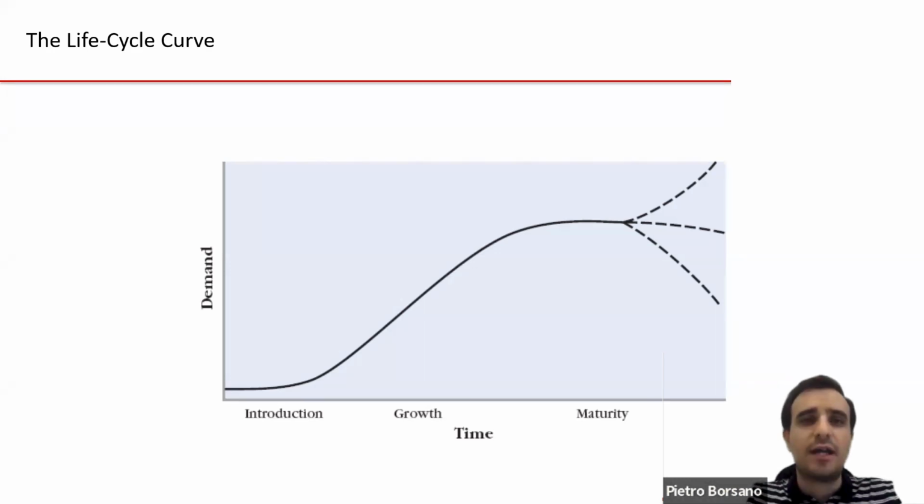And this is when products will enter the adulthood stage, the maturity stage, and then eventually either reach a plateau, meaning that we are not growing, but we are not declining either, or in some cases, there will be a new S-curve, a new product life cycle beginning, in synchrony with the discontinuation of existing products.